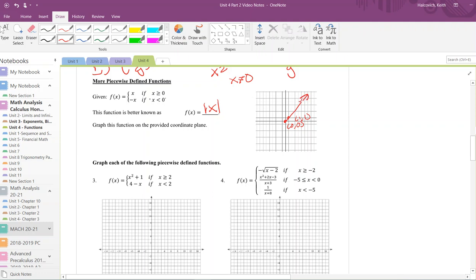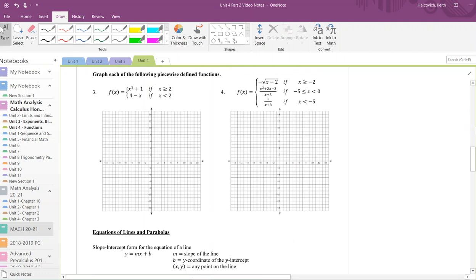Then it's negative x if x is less than 0, so you have 0, 0, but then negative 1, positive 1, and negative 2, positive 2. Notice it goes like that, so that's how you get your V for that graph.